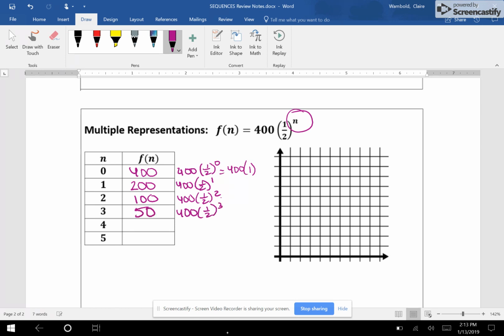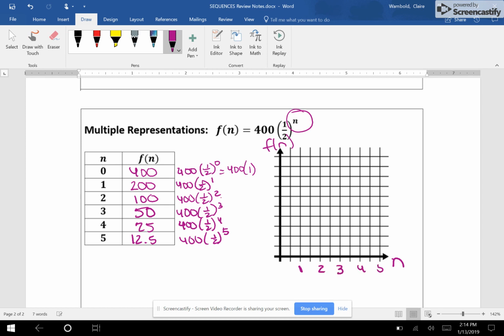This is 50. 400 times 1/2 to the 4th is 25. And last one here, 1/2 to the power of, not 4, we already did that one, the power of 5. We get 12.5.